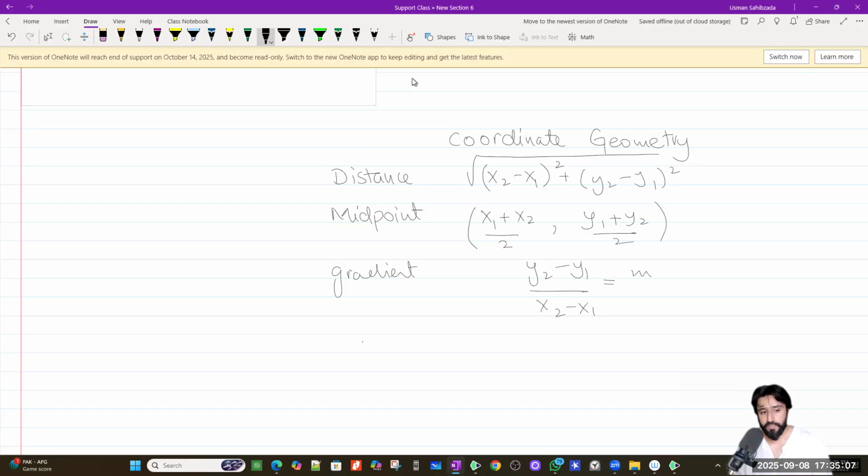Then we use the equation of a straight line, y equals mx plus c. Alternately, we used y minus y1 equals m, x minus x1. So if somebody had missed the earlier classes and has not seen y1 x1 in play, this little formula is very basic.